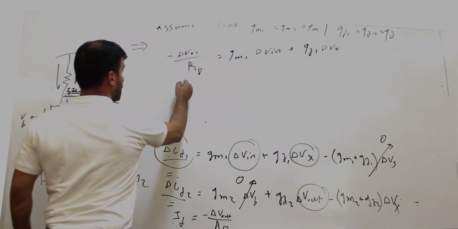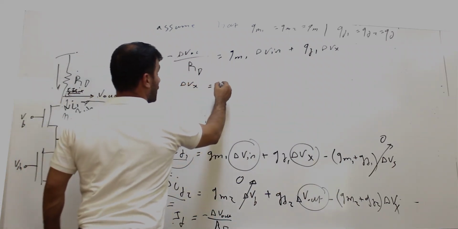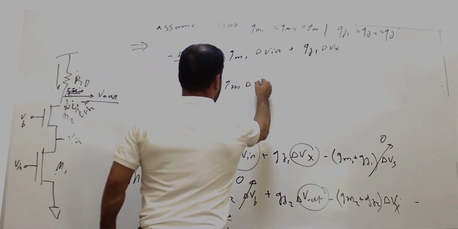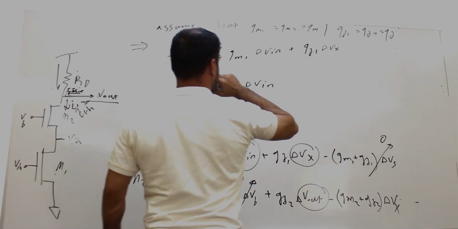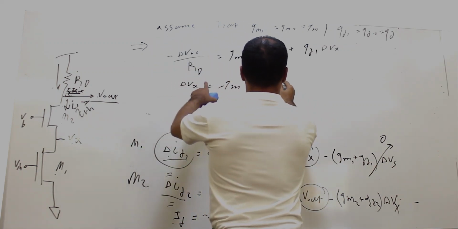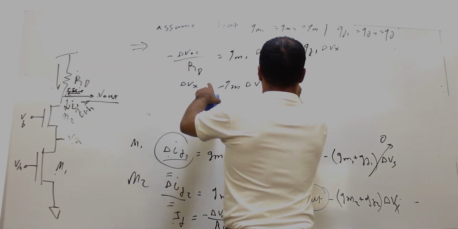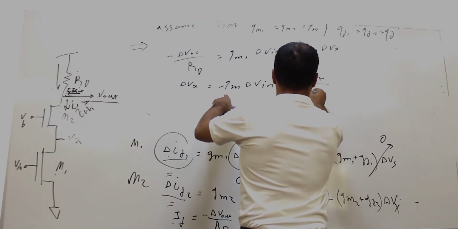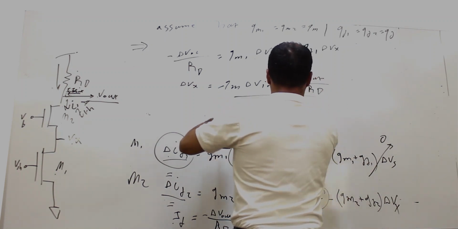So delta Vx equals GM delta Vn minus delta V out over RD, all over GD.